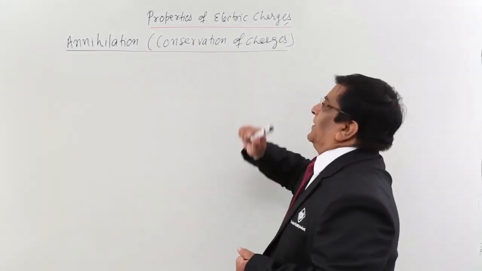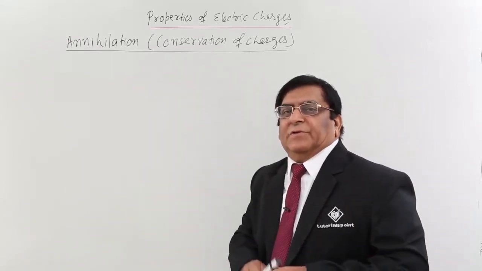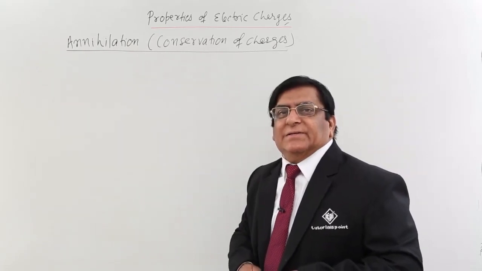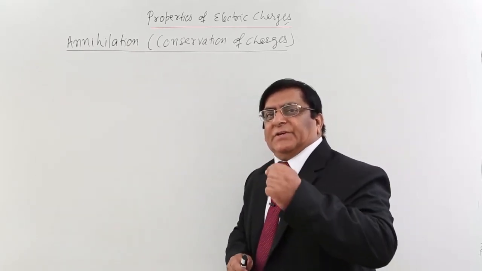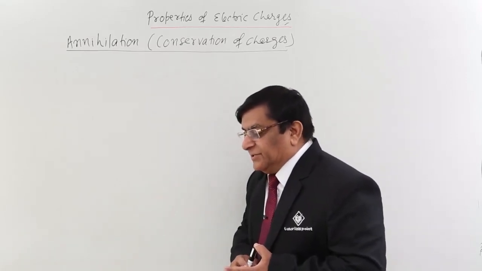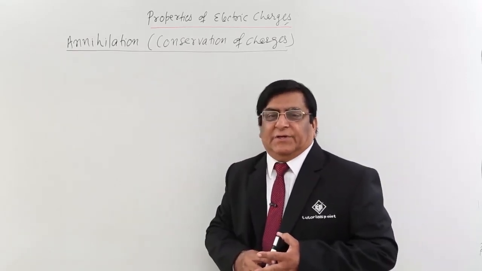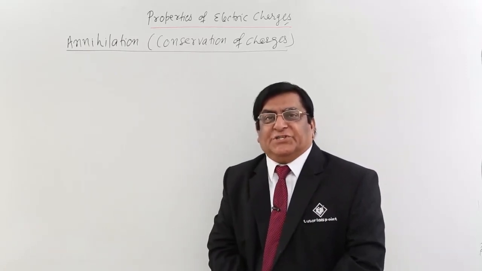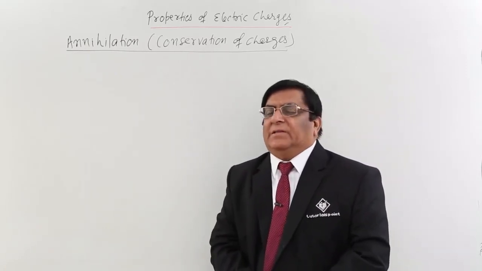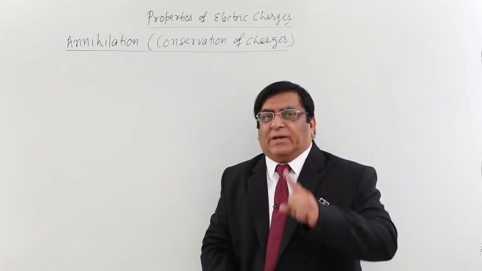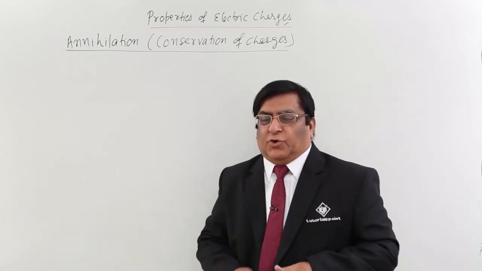Under conservation of charges, today we will study the second part, that is, what is the annihilation process, which gives us a proof of conservation of charges. This annihilation we have observed during the atom bomb reaction, that is, the nuclear fission reaction. In the nuclear fission reaction, there is one electron and one positron.